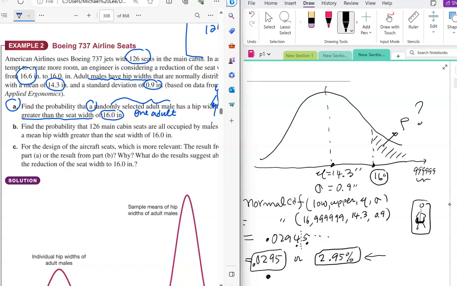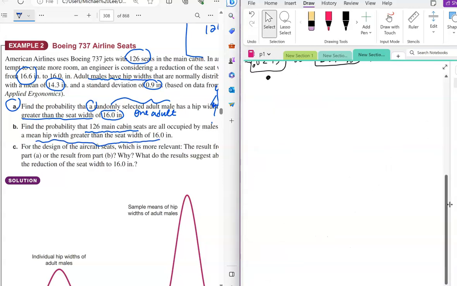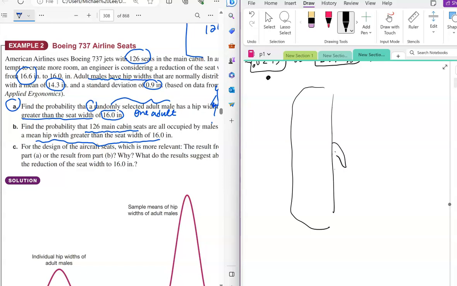Find the probability that the 126 main cabin seats are all occupied by males with hip size greater than 16 inches. It's not just one person. It's the whole airplane. You have so many seats, 126 of them.